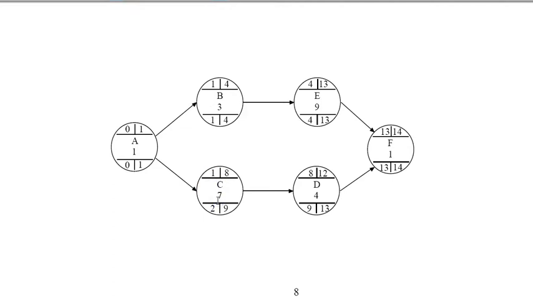This activity would have 0 slack because if I delay this activity beyond its earliest time, this is going to be delayed. If I delay this activity, this will be delayed. However, if you look at this one here, if I delay this activity beyond the earliest time by 1 day to 13, this would not be delayed because the earliest start is 13. So I have a free slack of 1 for this activity.